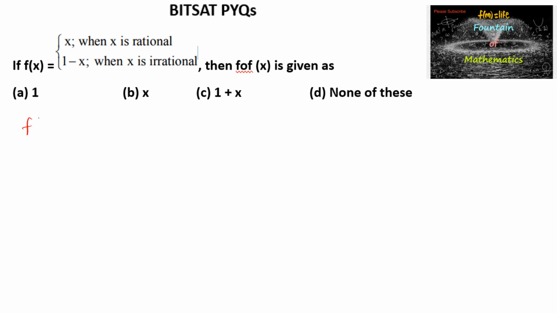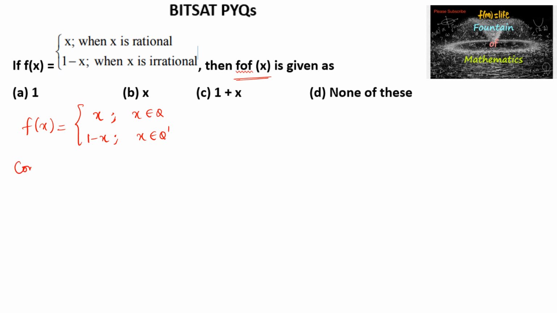Given function f of x is equal to x when x is a rational number, and 1 minus x when x is an irrational number, and we need to find the composite function f circle f of x.